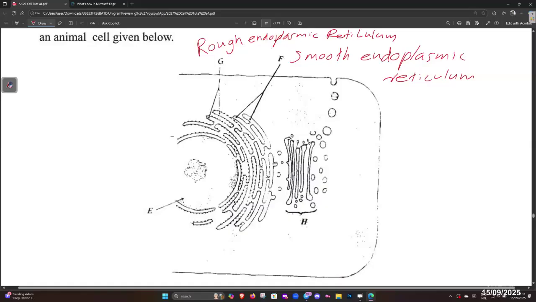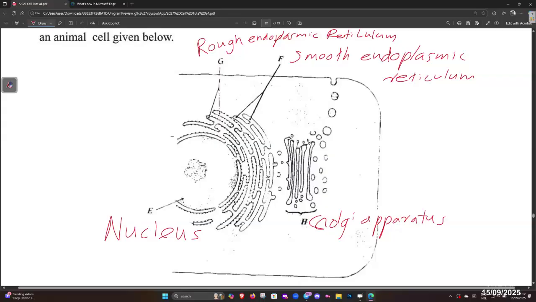Very good, Golgi apparatus. And then, what is E? Do you know what E is? That's the nucleus. Very good.